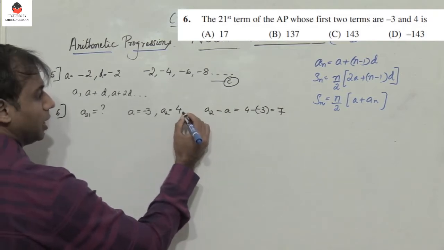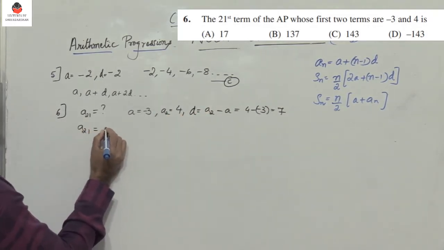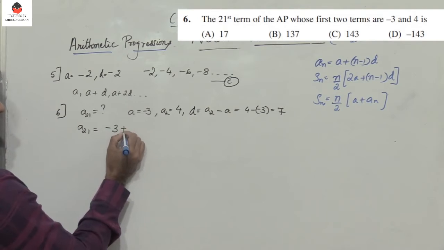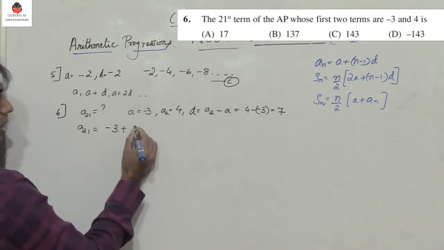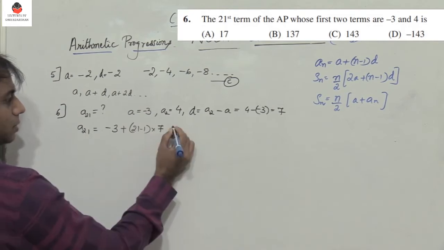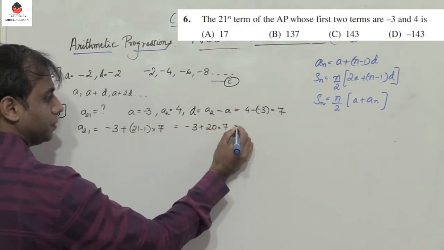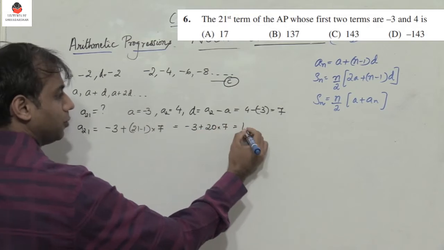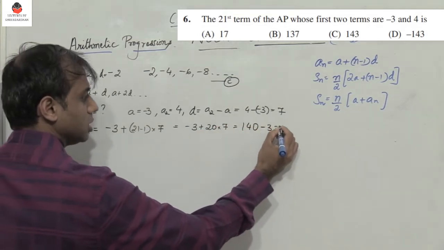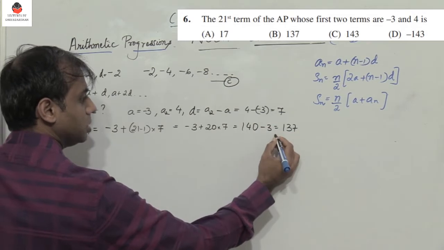So the common difference is 7. So a21 is a plus 21 minus 1 into d, which is 7. So you have minus 3 plus 20 into 7. So you have 140 minus 3, which gives me 137. So the right option is option B.